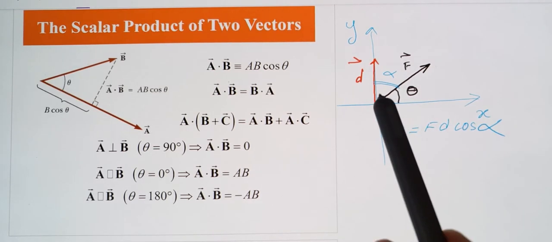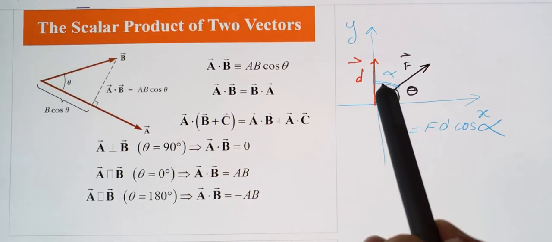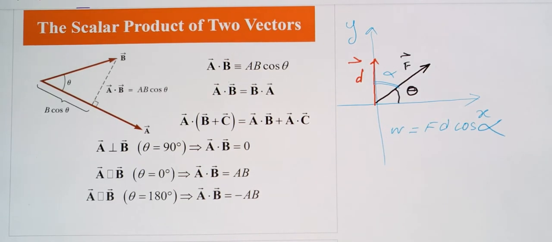So when the displacement is in this direction, we'll look for alpha, not theta, and then it becomes cosine alpha. We don't say it is sine theta. If you want to play with words, yes, it is sine theta, but when we define the angle, it is the angle adjacent to the displacement.